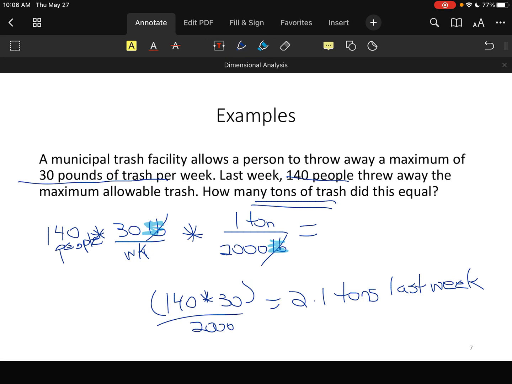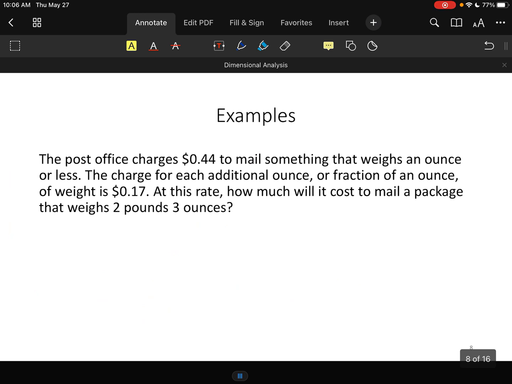Okay. All right, and then we hit this point. All right, the post office charges 44 cents to mail something that weighs a single ounce or 1 ounce or less. The charge for each additional ounce or fraction of an ounce. Now that's important, okay? Fraction of an ounce, okay?